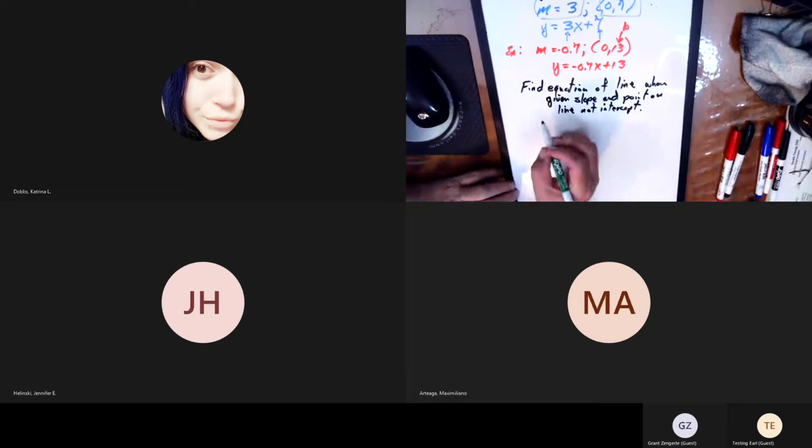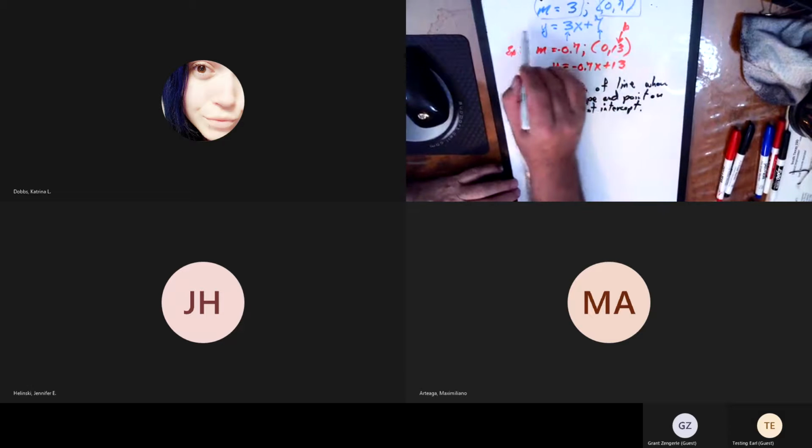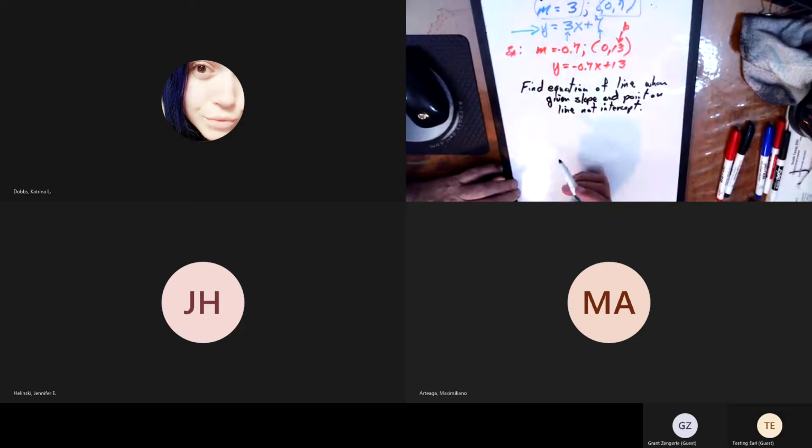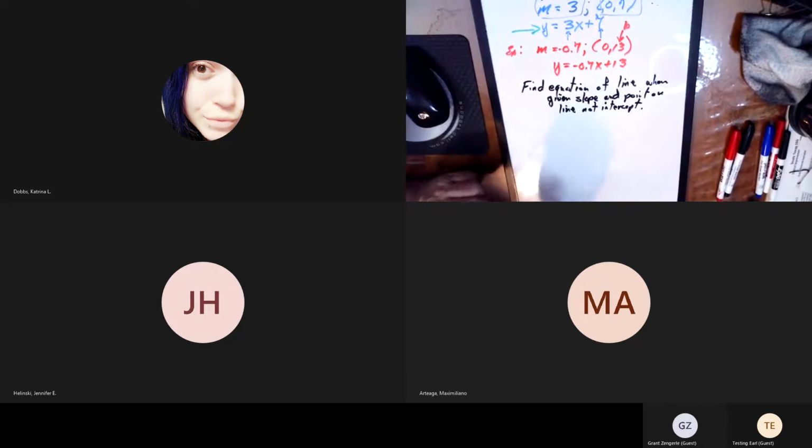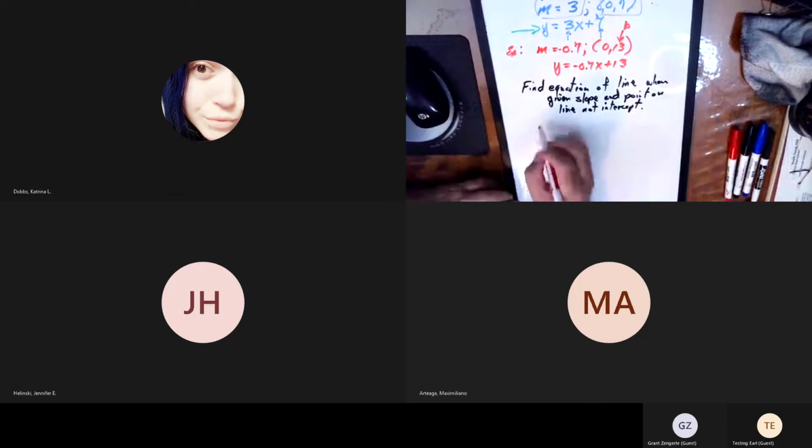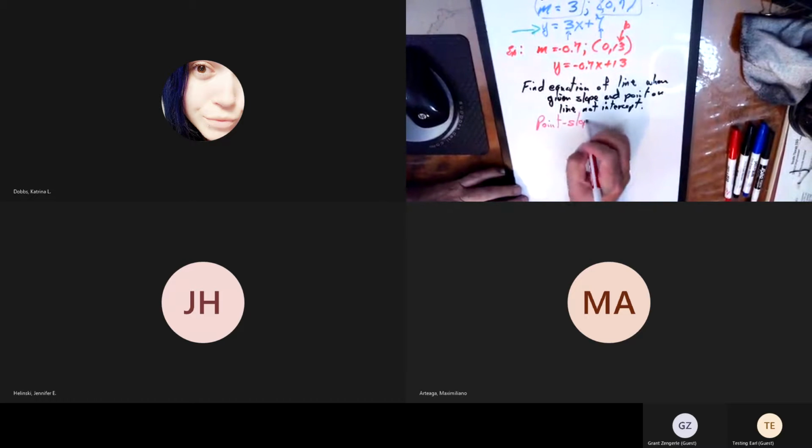Now I know that there's 2 ways to find the equation of a line. This is the equation of a line in slope-intercept form, and that's a wonderful way of having the equation of a line. I can either do it with what's called the point-slope equation.